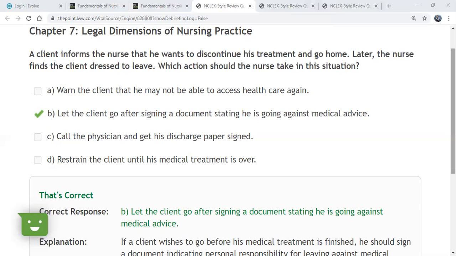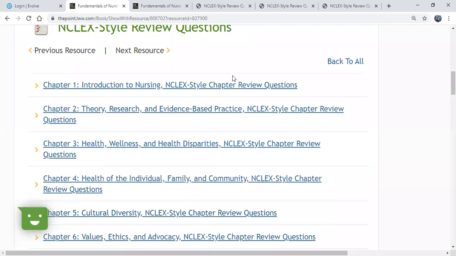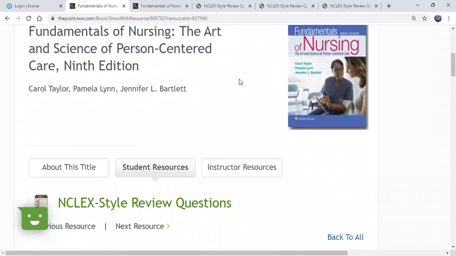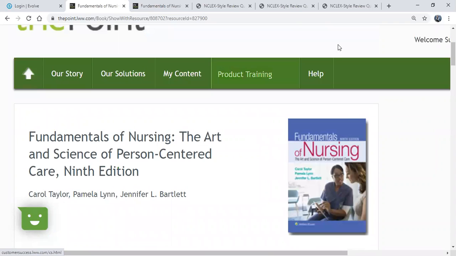How do I get to these questions? Okay, so to get to these questions, you go into your book. First of all, did you scratch off the code in the front of your textbook? Not yet. Okay, so let's do that. Scratch off the code in the front of your textbook. And then go into the point.